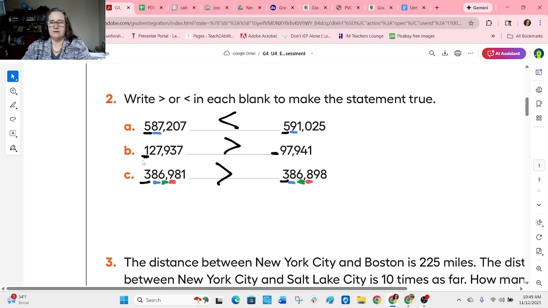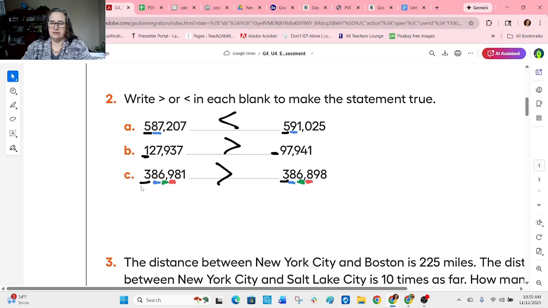In B, if we start in the 100,000s, despite the fact that the first digit in this number is a 1, and the first digit in this number is a 9, we know that 100,000s are greater than 10,000s. I'm going to know that 127,937 is greater.